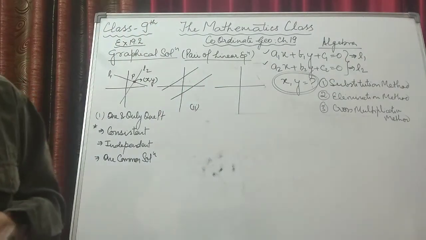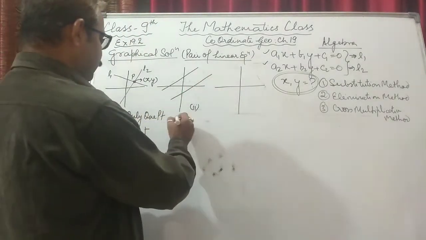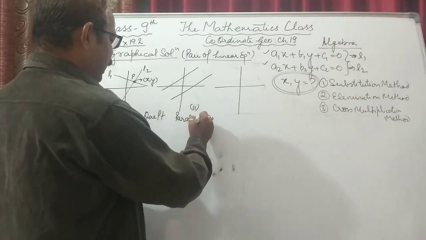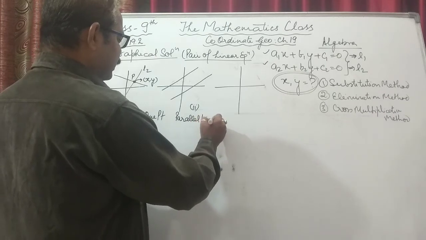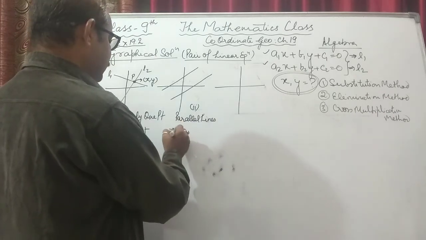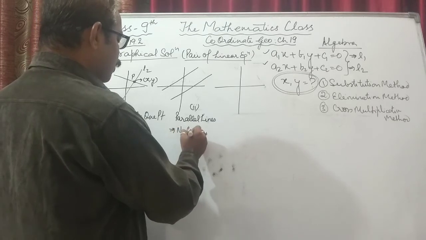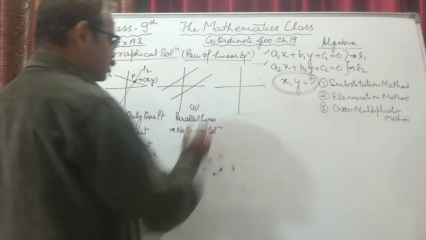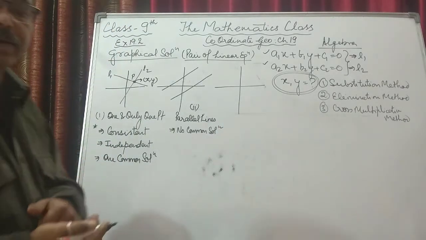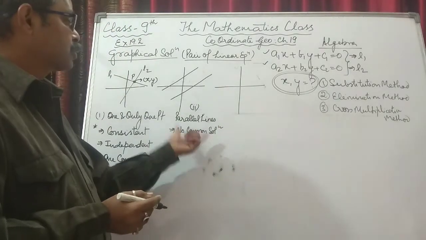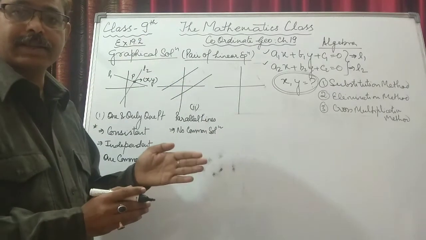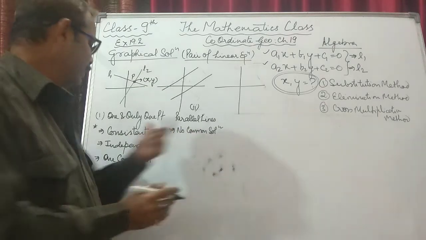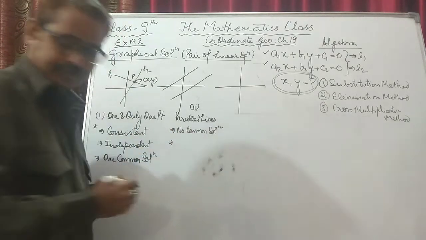So the second point is that we will get a graph of parallel lines, and when the lines are parallel, we say there is no common solution. When the lines are not intersecting, there is no point common between those lines, so we say no common solution.